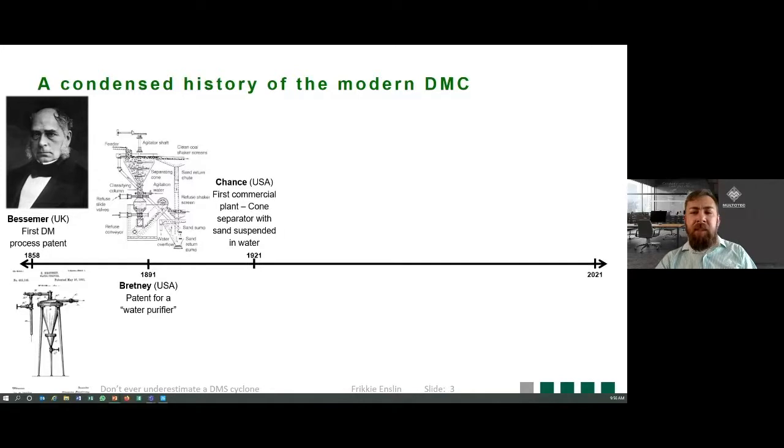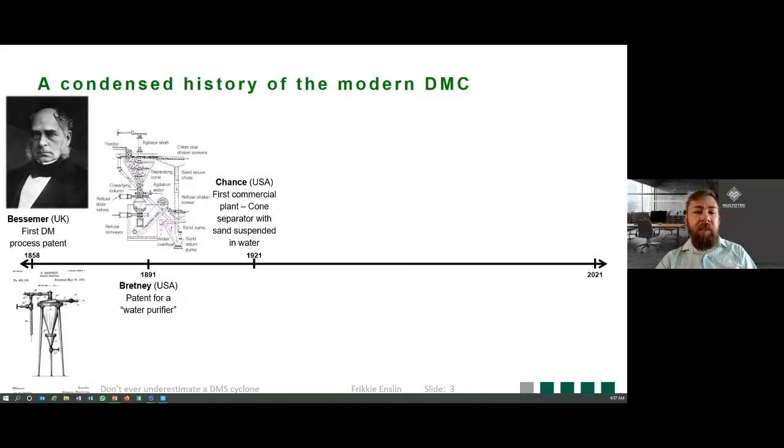And then in 1911, the chance process patent covered the use of sand and water as a medium in a cone separator. And in 1921, as indicated in the timeline, the first cone separator was commercially used in a plant using the chance process for cleaning anthracite.